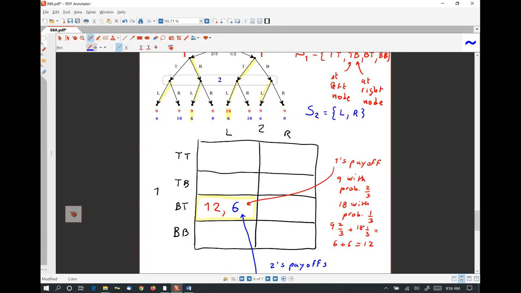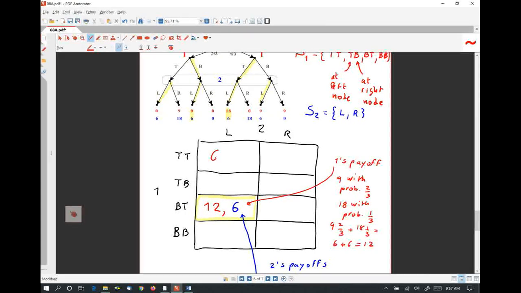I encourage you to pause the video here and compute the payoff of player 1 for each cell and the payoff of player 2 for each cell, and then restart and see if what you computed coincides with what I'm writing now.